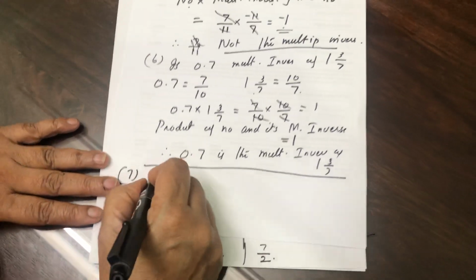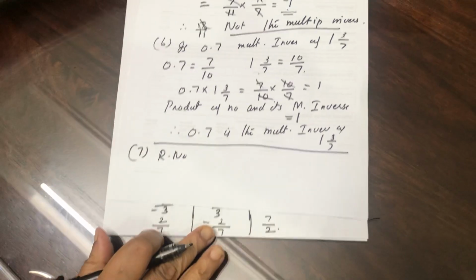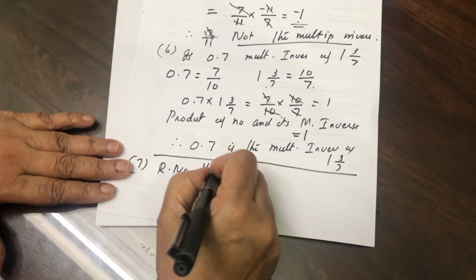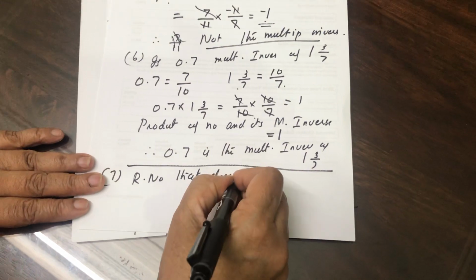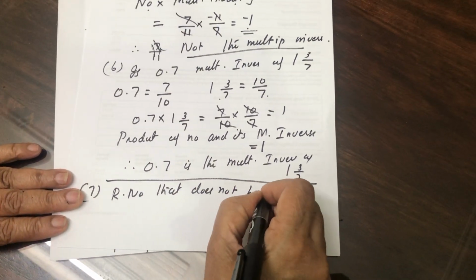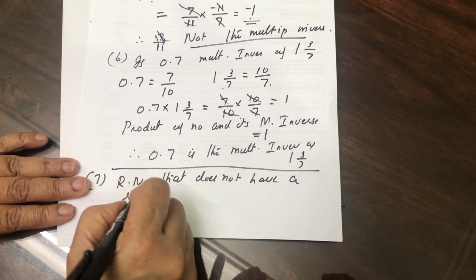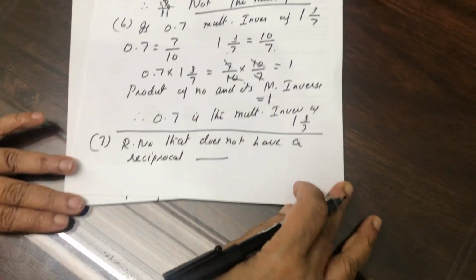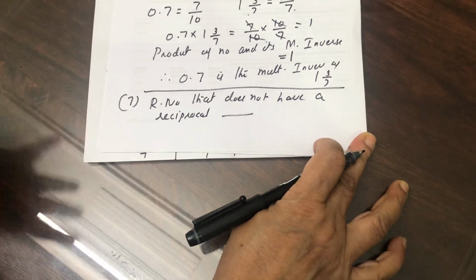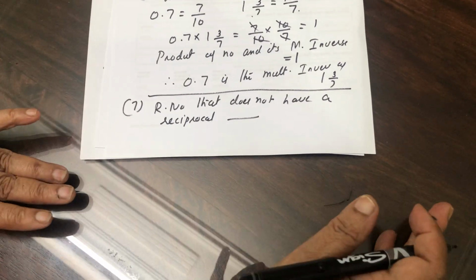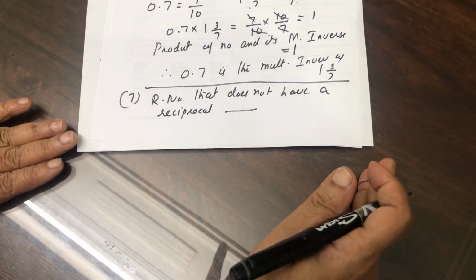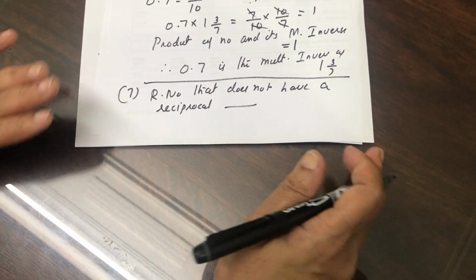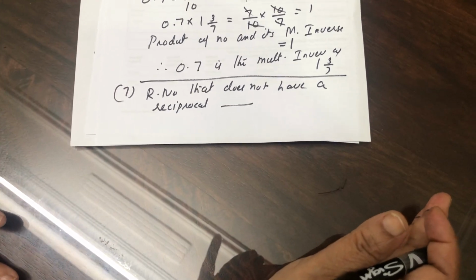Now the fill in the blanks. Tell me the rational number that does not have a reciprocal. Every rational number has one: if you take 2, the reciprocal is 1 by 2; take 3, the reciprocal is 1 by 3.